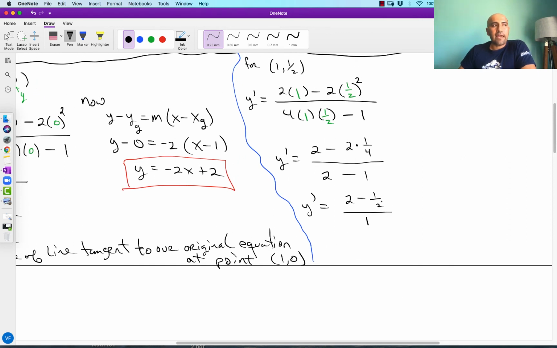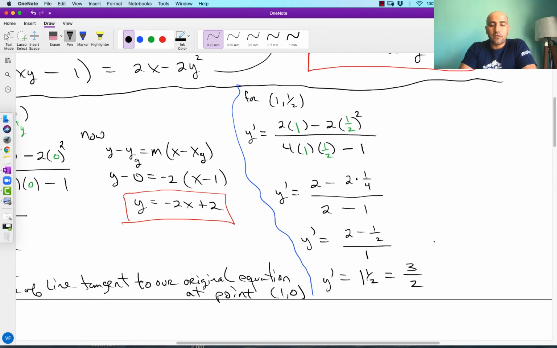And 2 minus a half is 1.5, which is the same thing as 3 over 2. Okay, so now we got our slope of the line tangent to our original equation at this point.